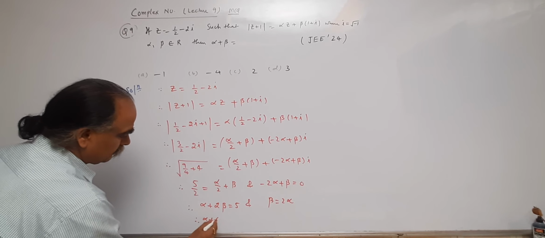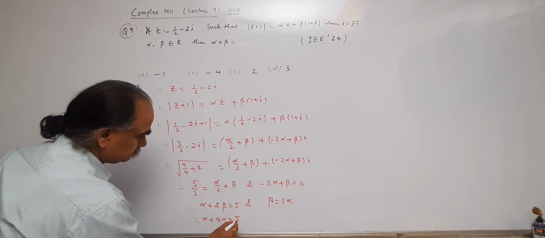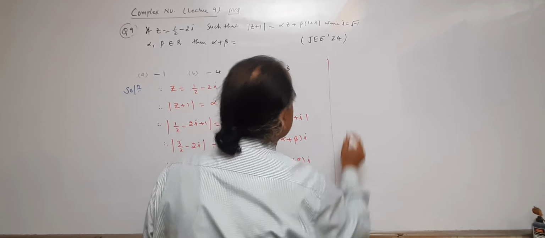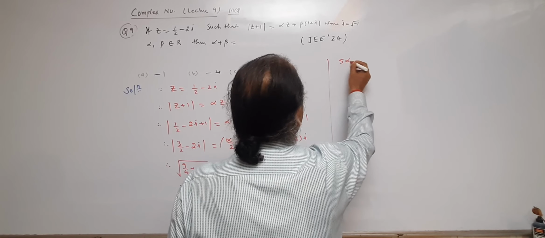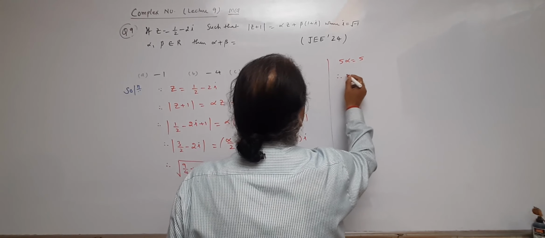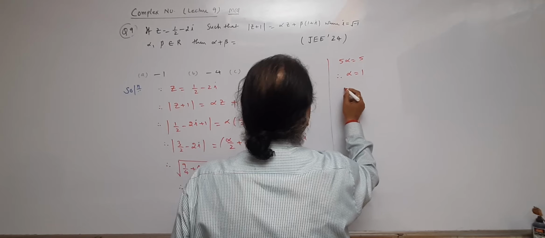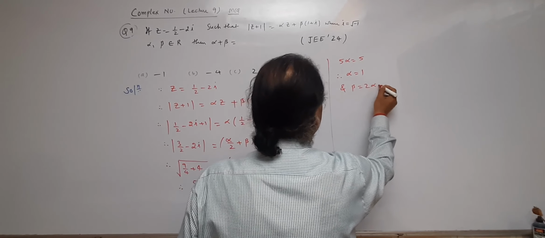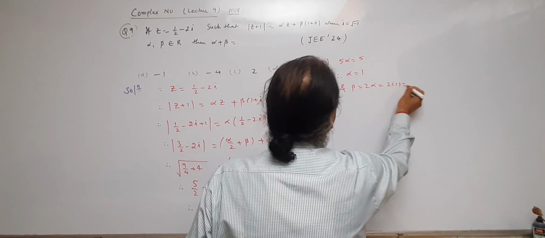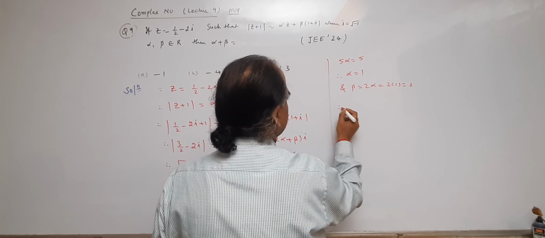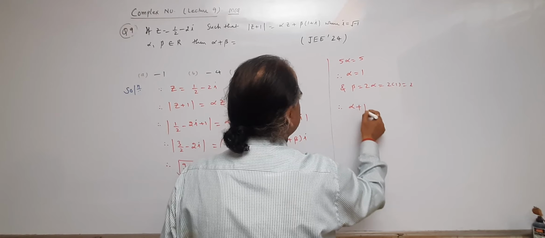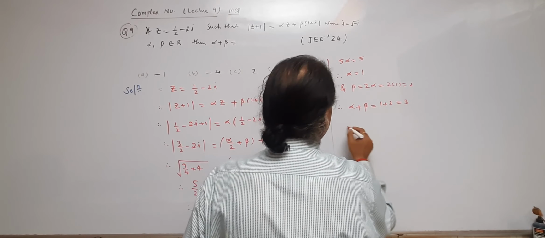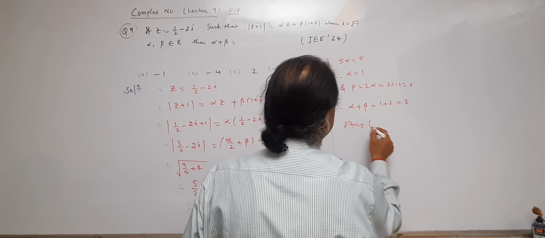So alpha plus 4 alpha, so 5 alpha is what? 5. So alpha is 1 and beta is what? 2 alpha. 2 into 1 is equal to 2. Therefore alpha plus beta is what? Answer is D.